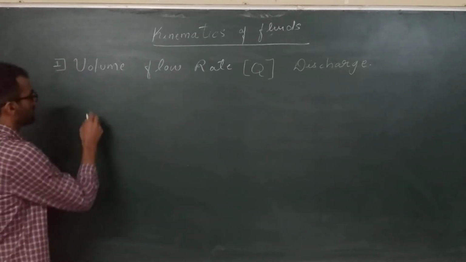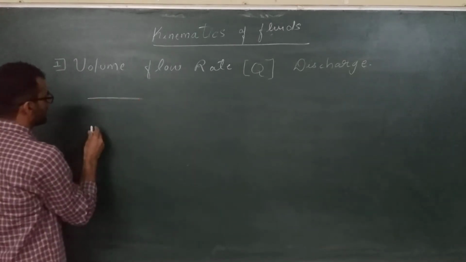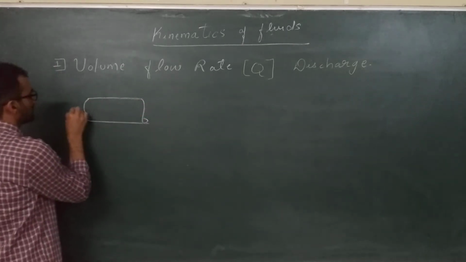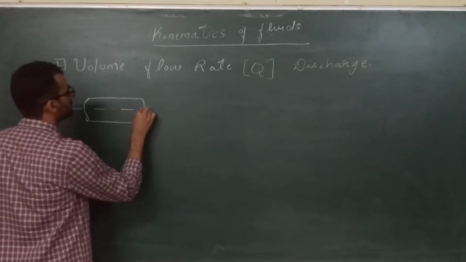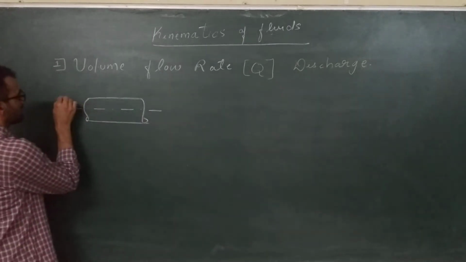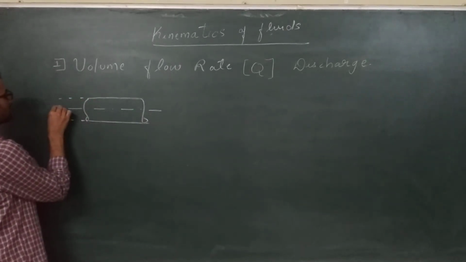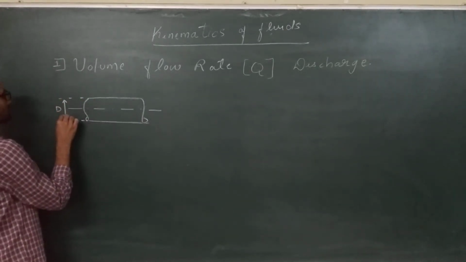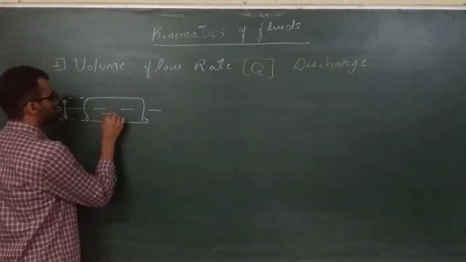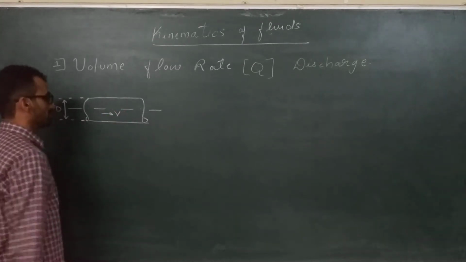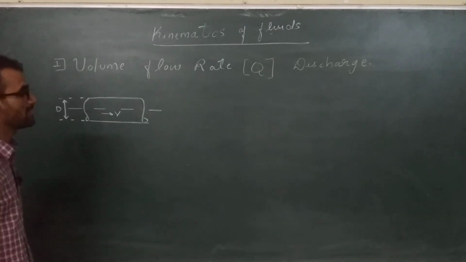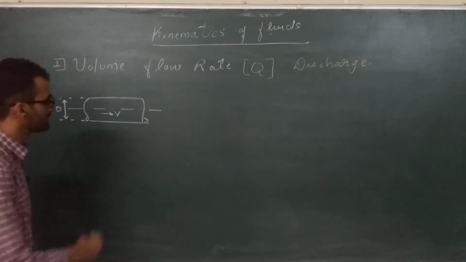Let us say you have a pipe. Now you will have a cross section of this pipe. Let's say the diameter is D and it has a velocity of capital V. And we want to find out how much is the discharge or volume flow rate through this pipe.